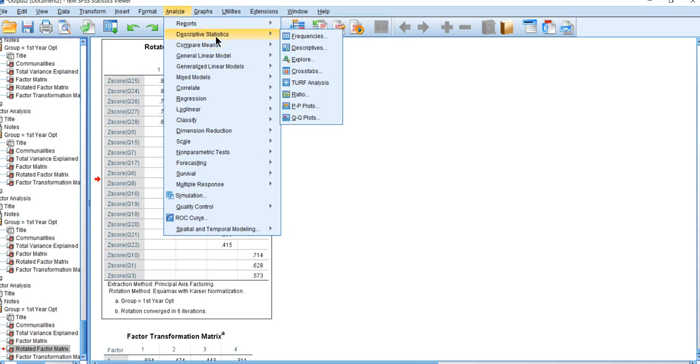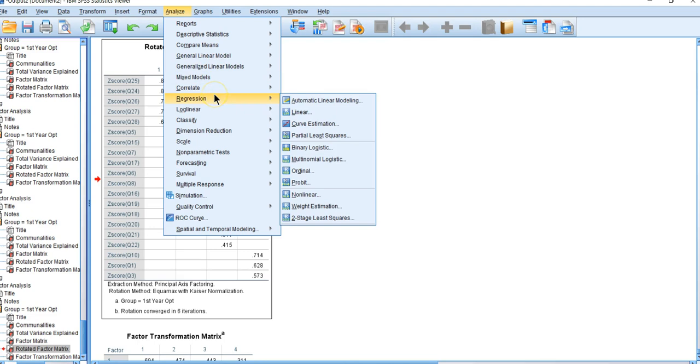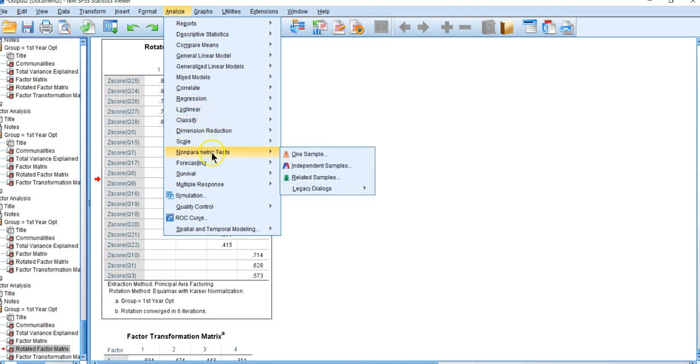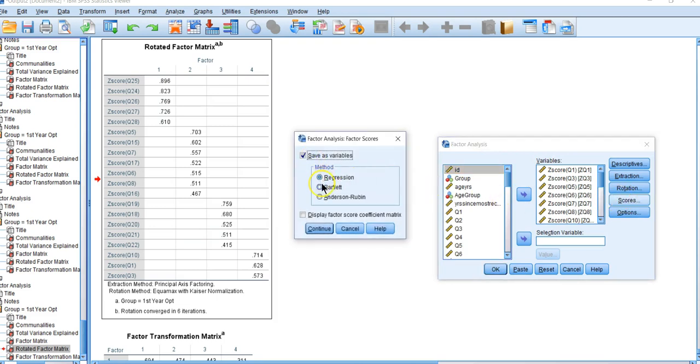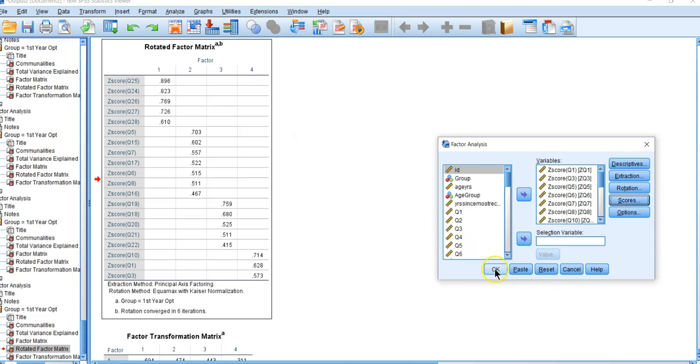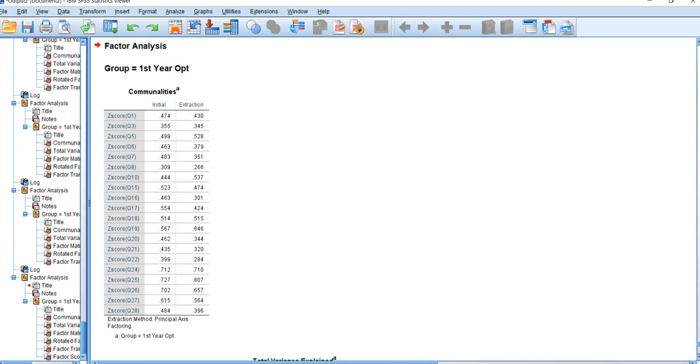And this is dimension reduction, factor scores, save as variables. We want the Anderson-Rubin. It has a mean of 0 and a standard deviation of 1. It's pretty handy.